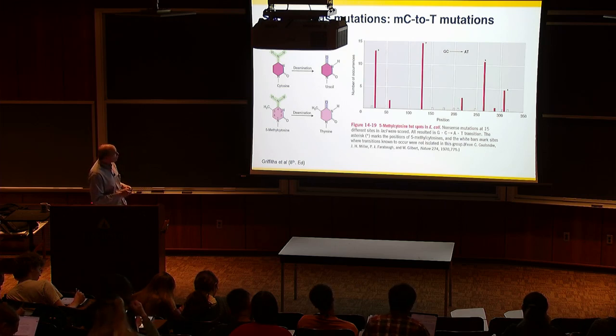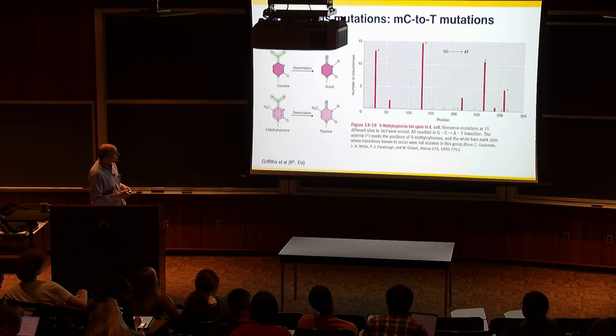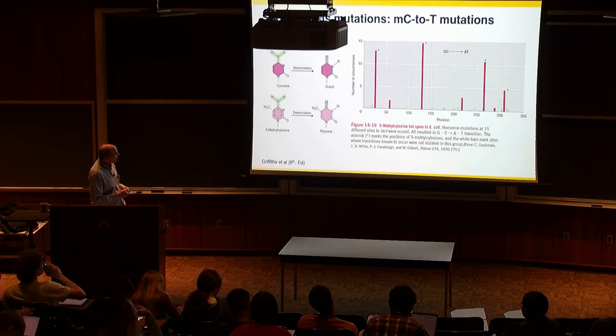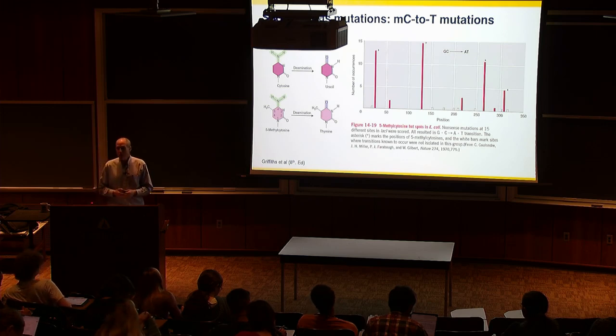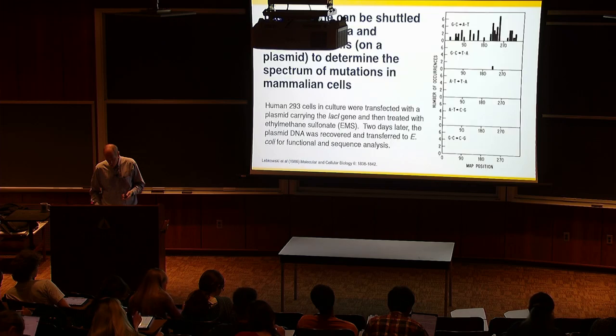But the result is it doesn't always get the correction done appropriately or in time. And so cytosines that are methylated will tend to lead to GC to AT mutations. And it's the same in us, exactly the same in us. Those are the most common point mutations in humans.